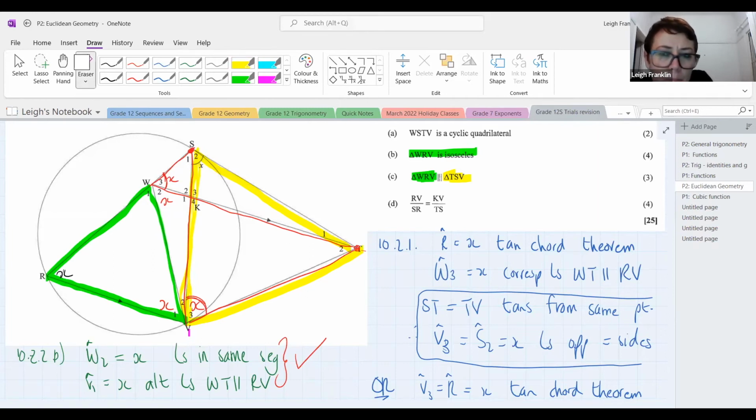Ma'am, wouldn't we just say that we already have the two angles? Therefore, the other angle, which is W1 and T2 plus T1, is a third angle of a triangle. Quite right. Therefore, the triangles are similar.